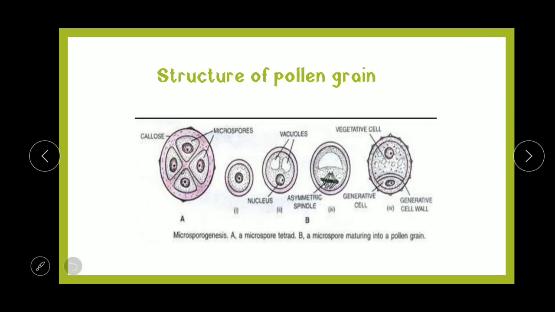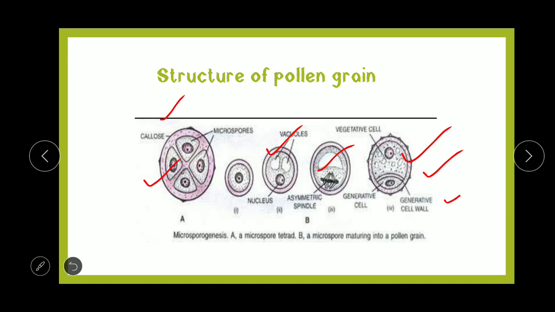Then come to the structure of pollen grain. You can see there is a callose layer. These are microspores, the microspore tetrad, because there are four microspores present. Gradually it is dividing, and you can see the vacuoles. Then you can see the asymmetric spindle formation to form a large vegetative cell and a small generative cell.